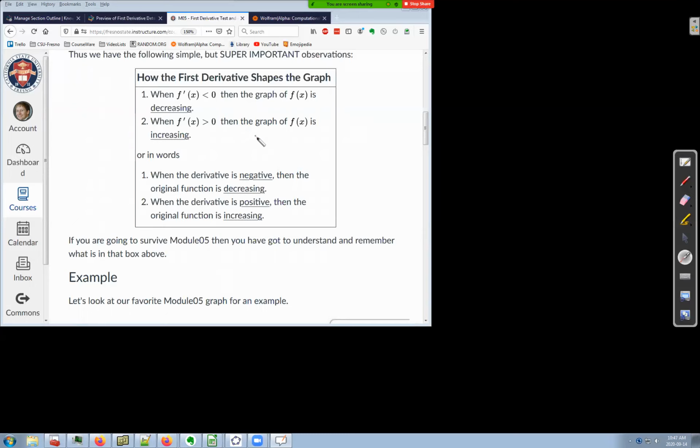So this page doesn't say it, but the converse is also true. That is, if the original function is decreasing, then the derivative must be negative. And likewise, if the original function is increasing, then the derivative has to be positive. So these implications go both ways.